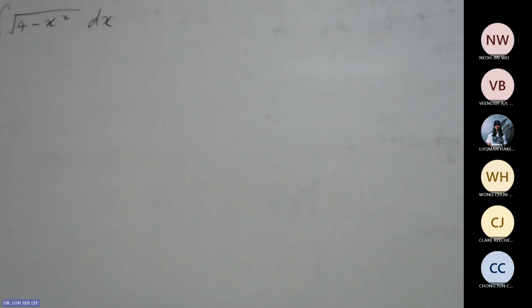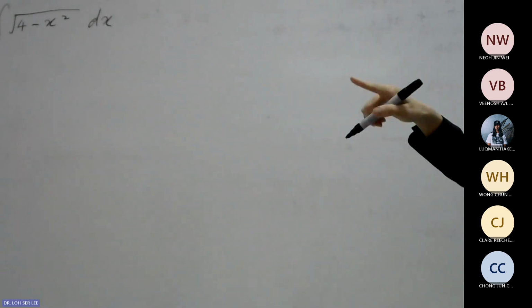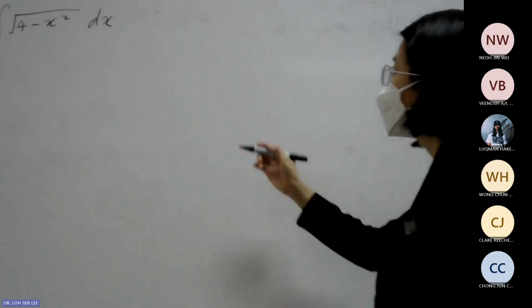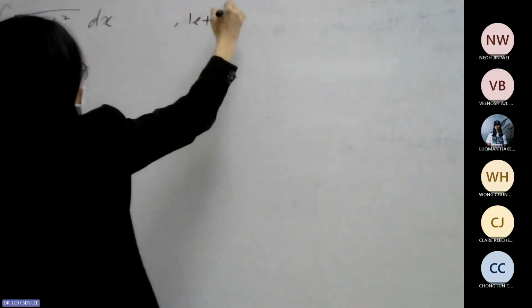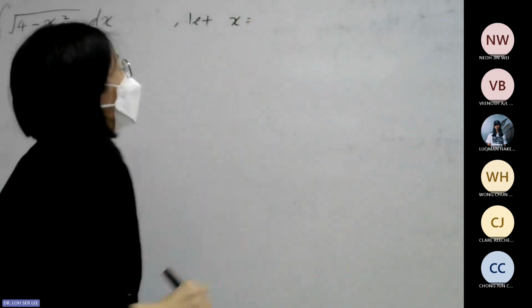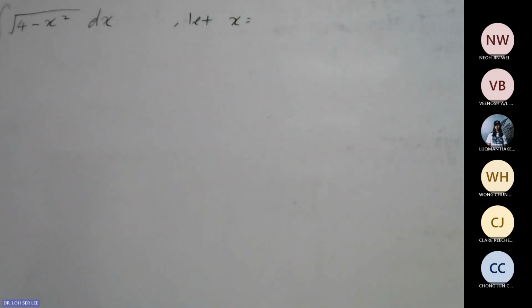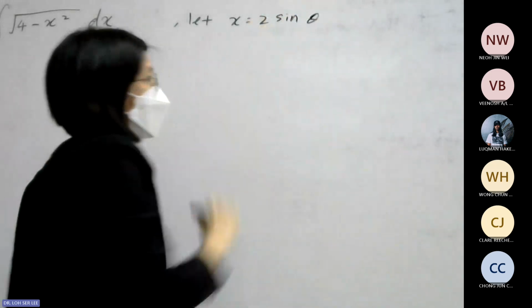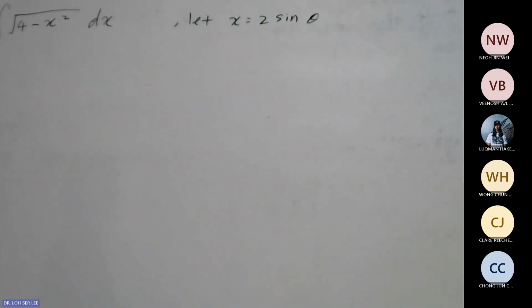According to the table just now, 4 minus x squared means a squared minus x squared, so we use sine. We let x be, what is your a? a is 2, so x equals 2 sine theta. This is how we choose the substitution function.